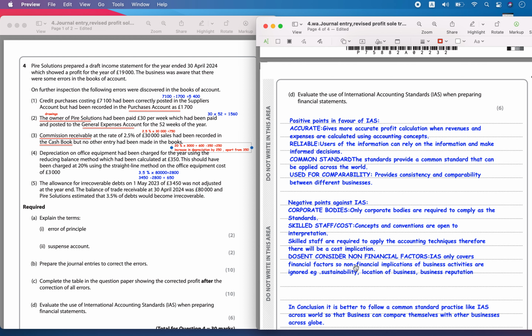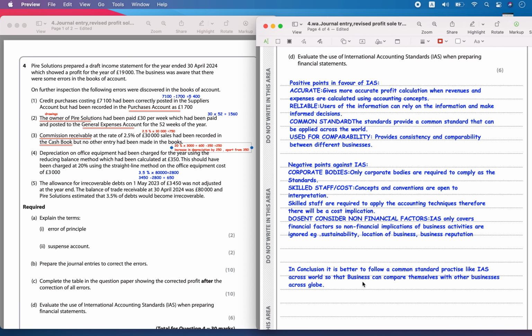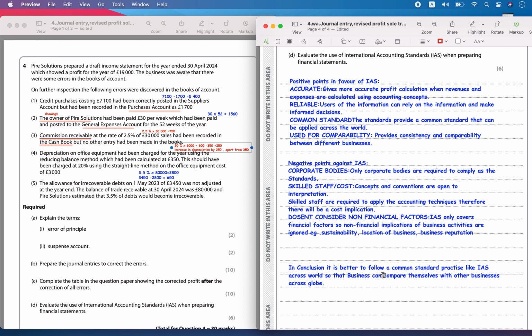Also it doesn't consider non-financial factors such as sustainability, the location or the brand reputation of the business, or the employee skills. So these are the negative points when you're following IAS. In conclusion, it is better to follow this common standard practice of IAS across the world so that the financial statements of the business can be compared.